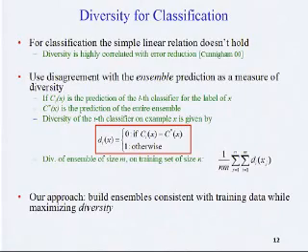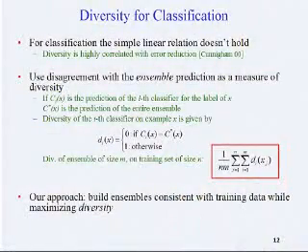More specifically, if C_i(x) is the prediction of the ith classifier for the label of example x, and C*(x) is the prediction of the entire ensemble, then we can define the diversity of the ith classifier on example x by this term, which just checks if a particular classifier disagrees with the ensemble prediction as a whole. Then to measure the diversity of an ensemble of size M on a training set of size N, we average this term out. This measures the probability that a particular classifier in an ensemble will disagree with the ensemble's prediction.